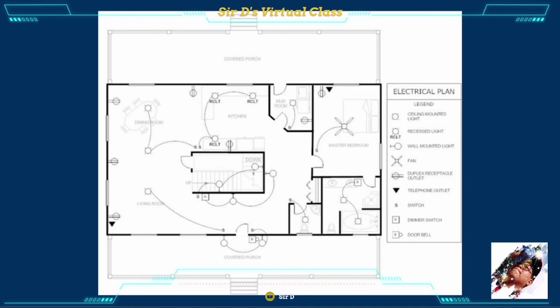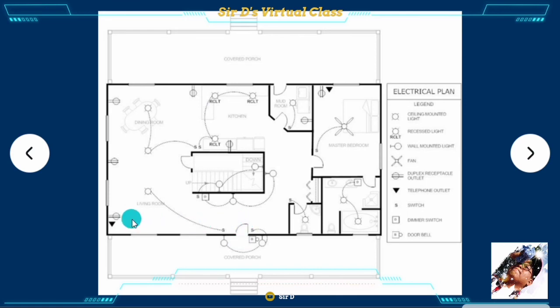Measurements are carefully calculated to avoid any mistakes in installing such electrical devices in our homes and buildings. So the plan must also indicate the parts of the house, such as the covered porch.